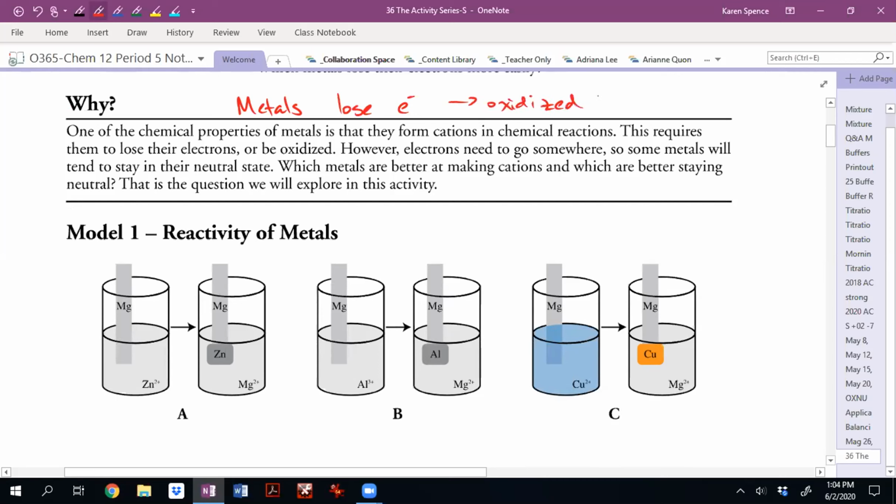If they're getting oxidized, what kind of an agent would they be? If those metals, for example, magnesium, solid, etc., if they are getting oxidized, are they oxidizing agents or are they reducing agents?